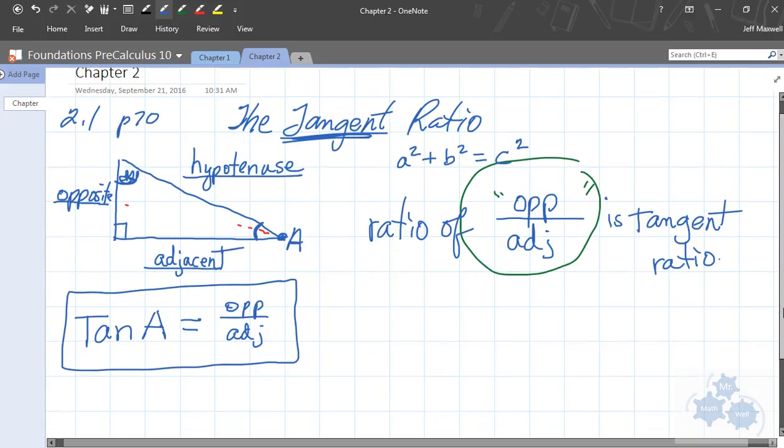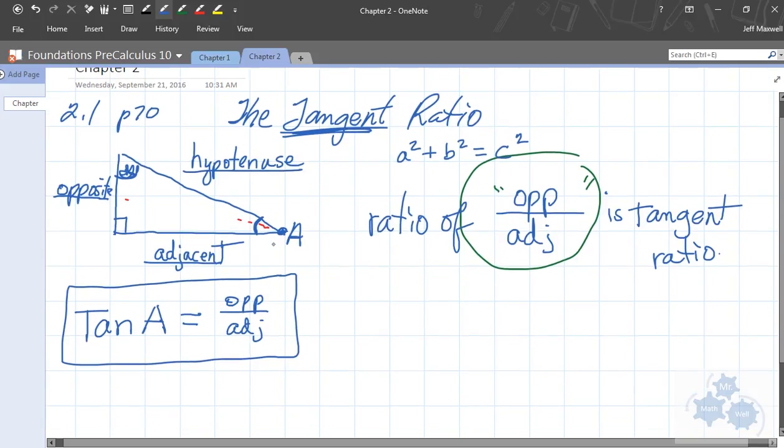Well, the interesting thing is that, and this is a little bit tough to understand, it doesn't matter what size the right triangle is. If you have a certain angle A, the ratio of the opposite side divided by the adjacent side, that actual number value, is going to be the same for this angle A, no matter what size the right triangle is.